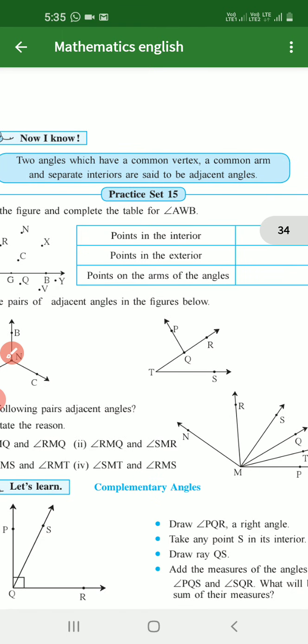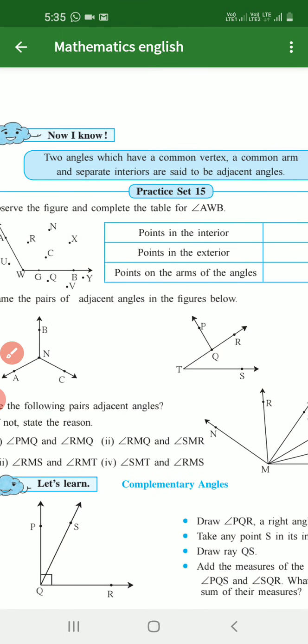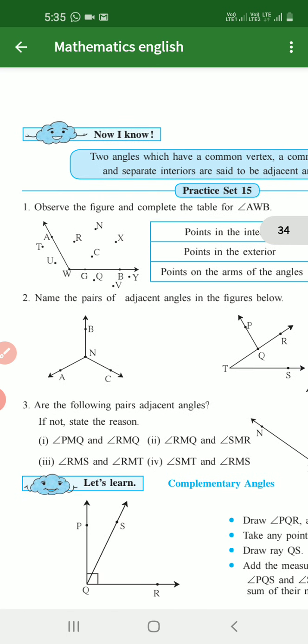And the third one is points on the arms of the angle, means which are on the rays which the angle has. So the points on the arms of the angle are A, W, G and B.